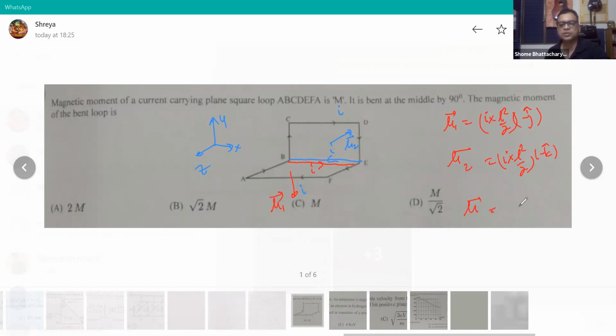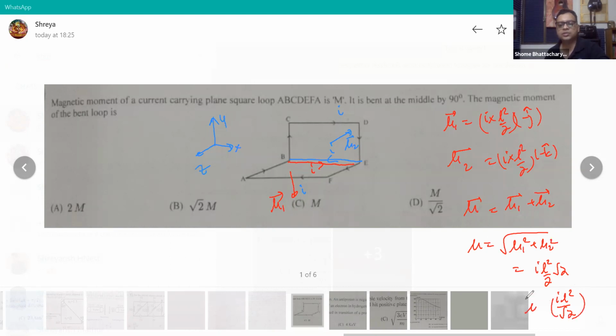So mu will just become mu1 plus mu2. They are perpendicular to each other, so the magnitude will become square root of mu1 square plus mu2 square. That will be I into L square by 2 into root 2, or you can write that as I L square by root 2.